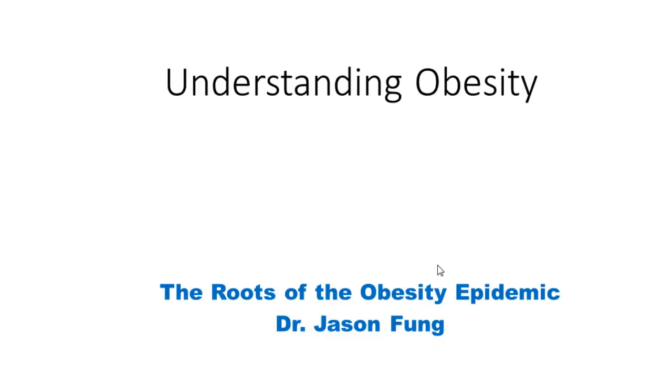All right, I'm going to get started. So today what we're going to talk about is really the roots of the obesity epidemic and how we got here, because everybody knows that obesity has not always been a problem. If you look back in the 50s and 60s, there's not a really big problem in obesity.